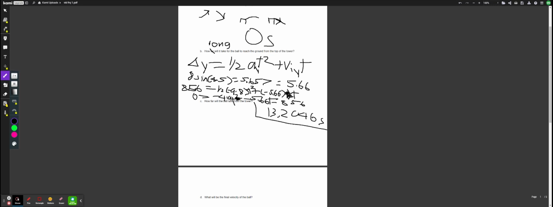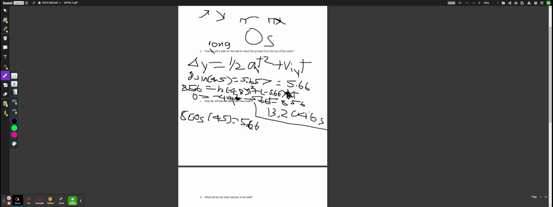So instead of using 8 sine 45 as for the y direction, we use 8 cosine 45, and we end up with the same number because it's a 45-degree angle: 5.6568, rounded to 5.66.